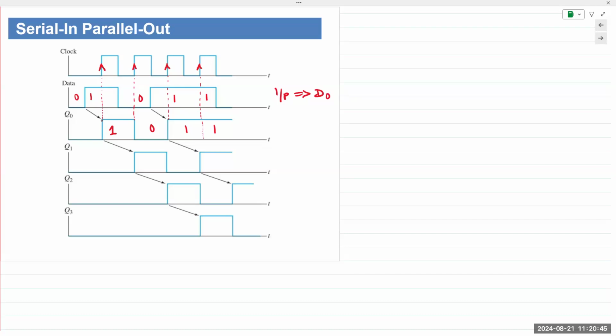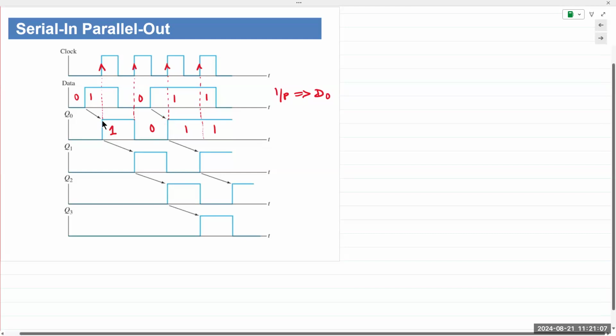When the third edge trigger arrives, output goes to 1. At the fourth edge trigger, data input is still 1, so the output remains at 1, and hence we have that long line at the end. Make sense? Right? So that was for Q0.